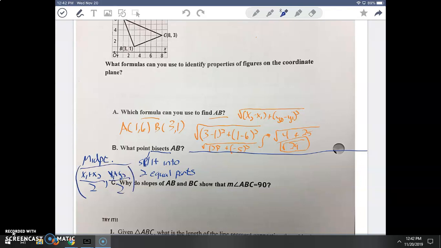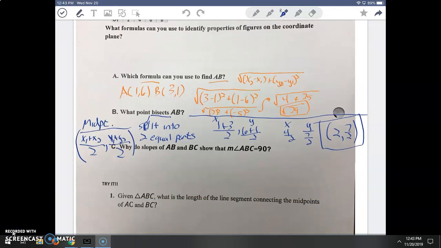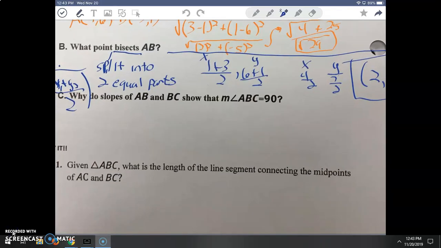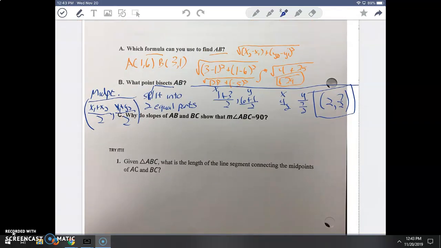Okay, pause it again. I'm gonna come back with the answer and go into letter C. And you'll notice that the midpoint is 2 square root 7, and my work is there as well.